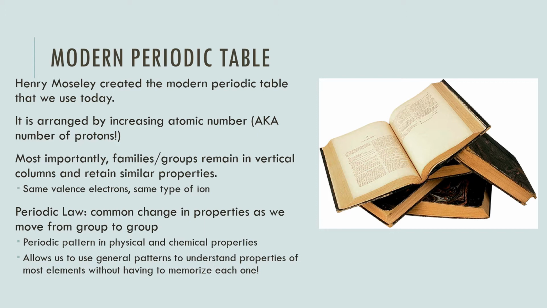So essentially what we've done is we've taken Mendeleev's periodic table and we've flipped it. So where he had similar elements that were side by side, we now have, this says, most importantly, families or groups remain in vertical columns and retain similar properties.